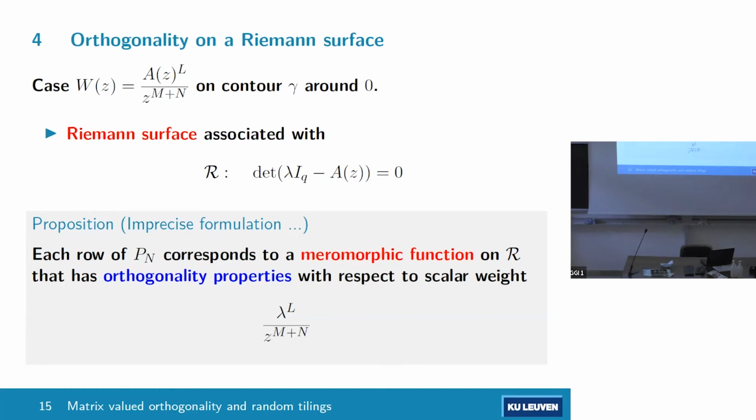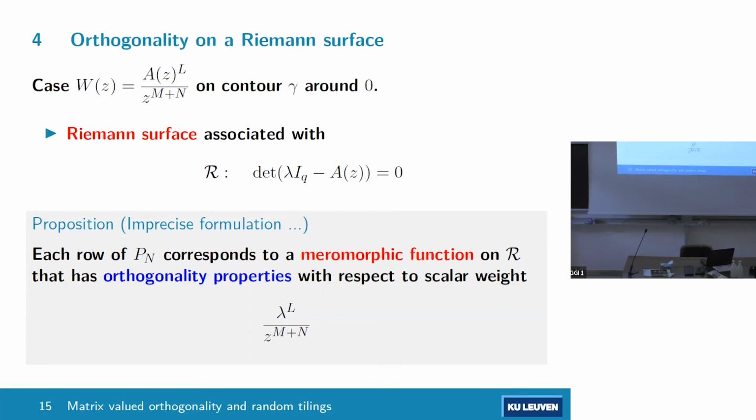But then what happens is that each row of this matrix valued orthogonal polynomial, you can build out of that some meromorphic function on this Riemann surface, which has orthogonality properties with respect to a scalar weight that's built out of the weight here.